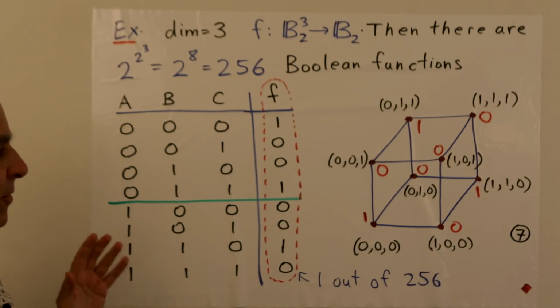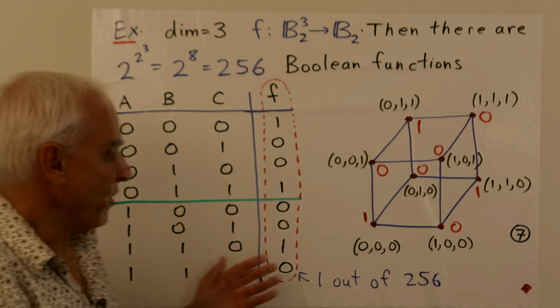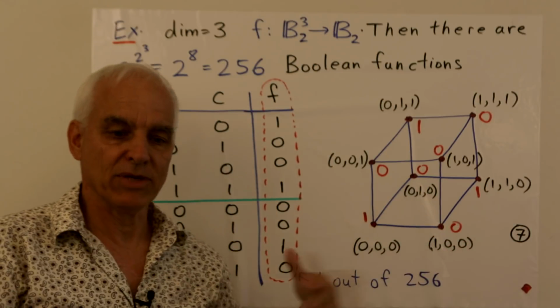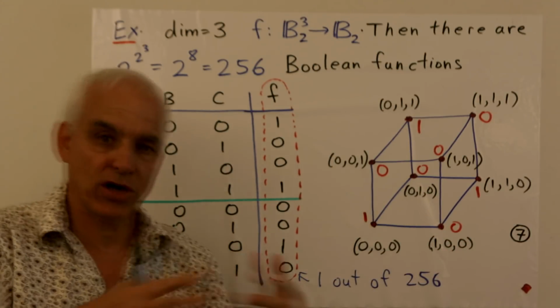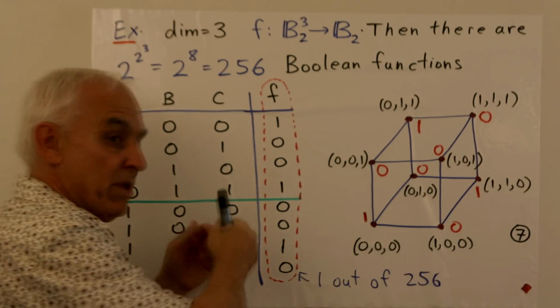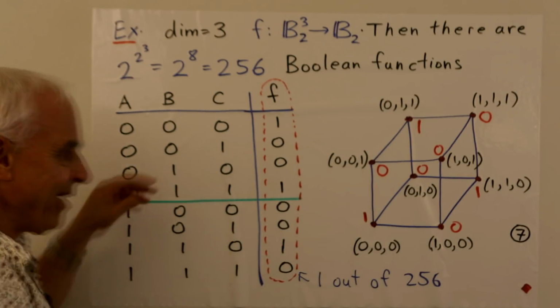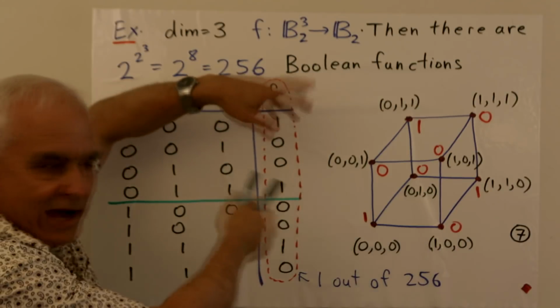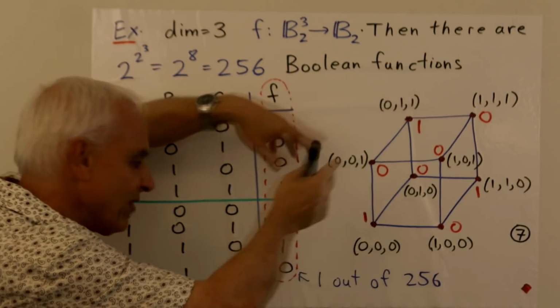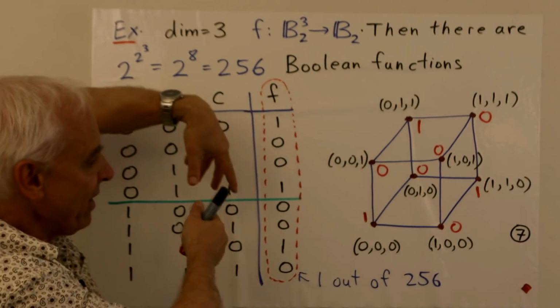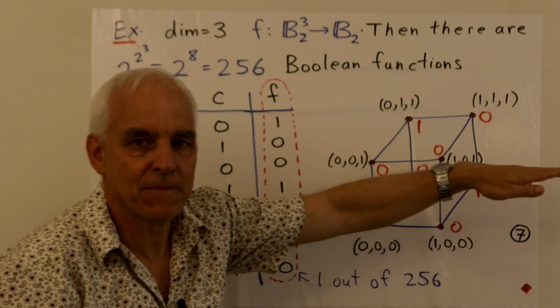Now, the connection with circuits. Well, this thing could well be the result of a circuit that we build. We build a big logic gate circuit with inputs A, B, and C. And there's all kinds of NAND, NOR, XORs, ANDs, negators, whatever. Okay, and then finally there's an output.